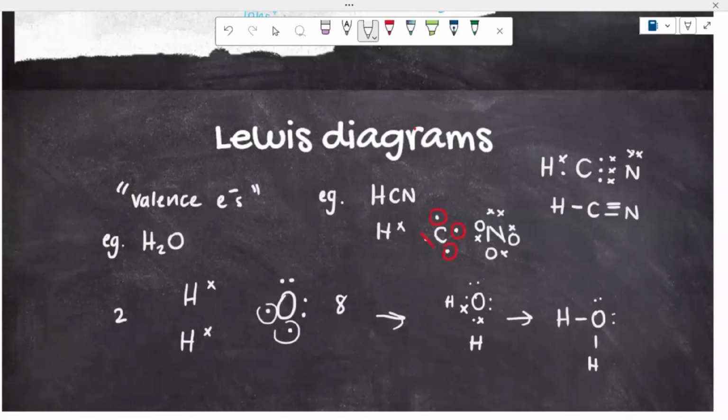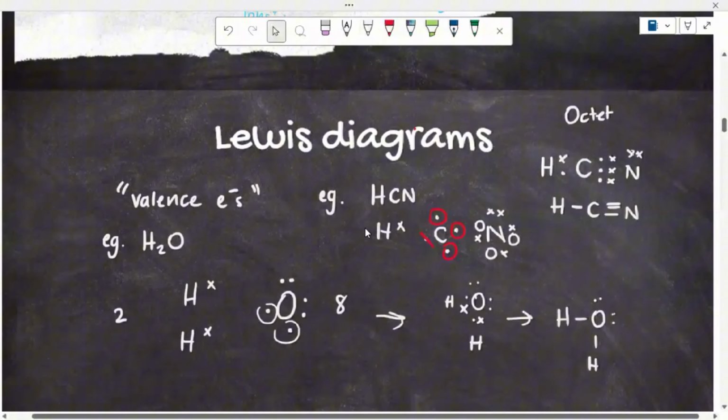So it's not always very simple. It's not always that you just have a single bond. Very often you just have to make sure you're obeying that octet rule. Sometimes you can get double bonds, sometimes you can get triple bonds. It depends on the example that you're working with.